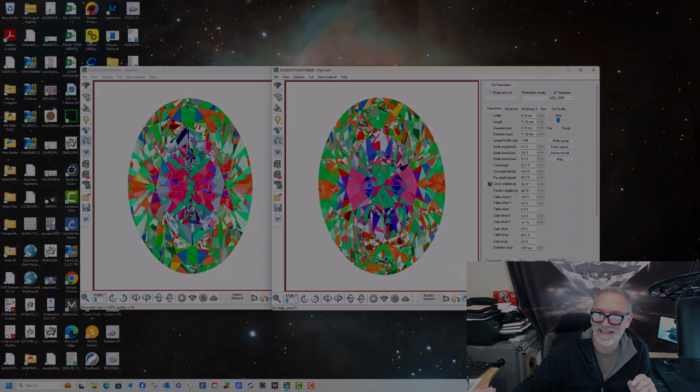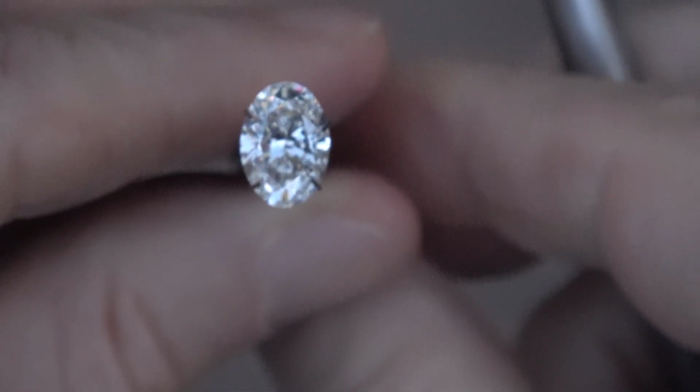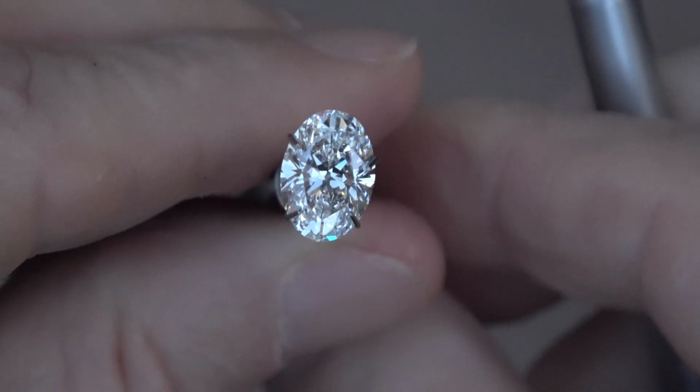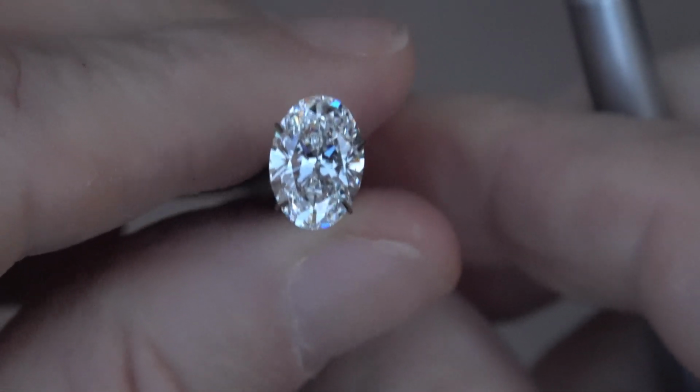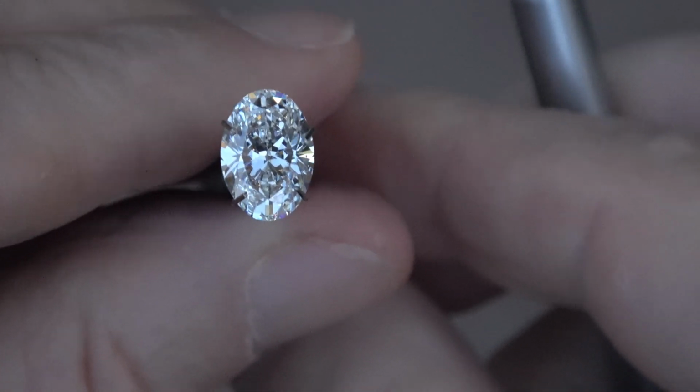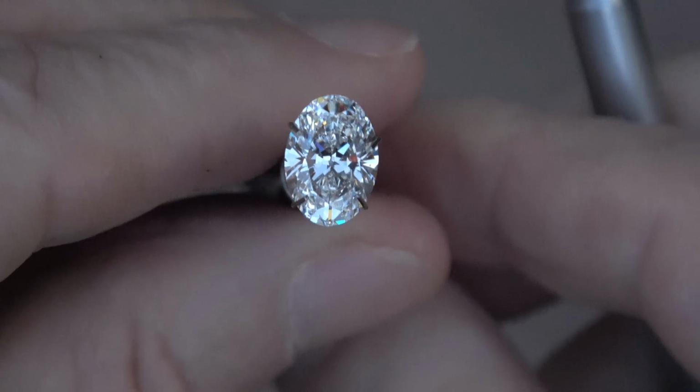So let's get started. All right, so to kick things off here, I've got the FSI2 in front of us now, and I'm loving it. We've got beautiful bright reflections across the belly.